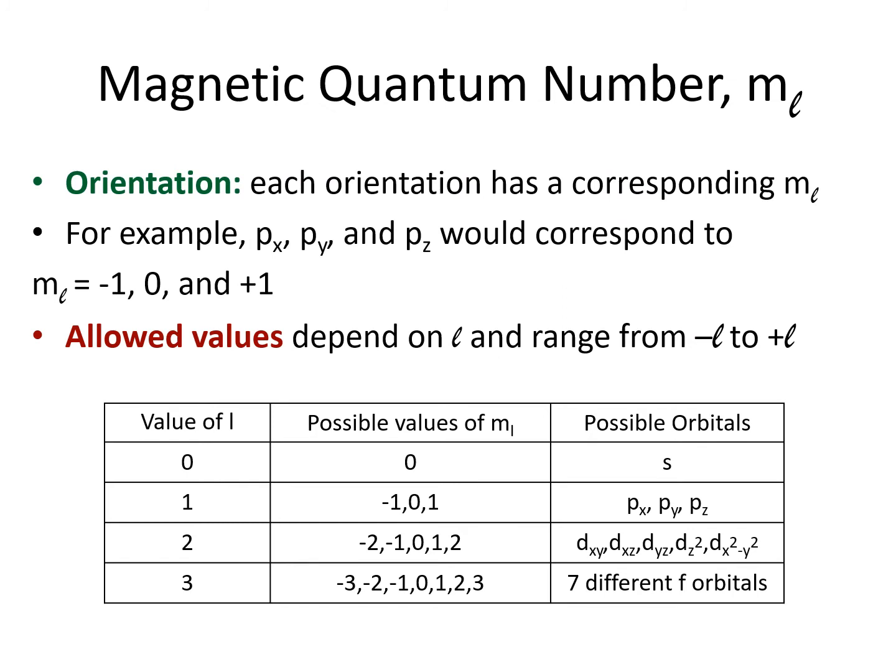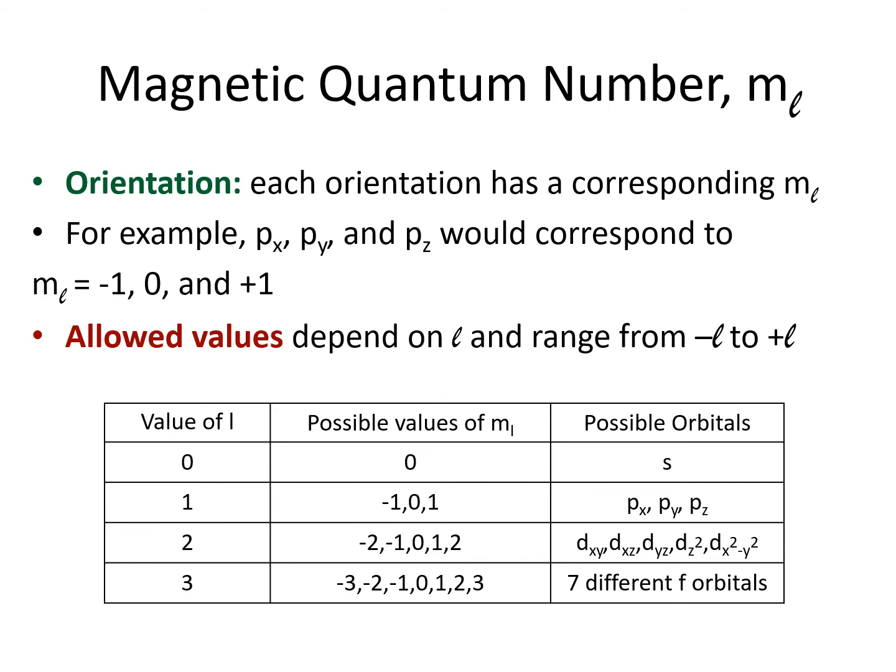Each orbital orientation has a corresponding m sub L quantum number. For example, px, py, and pz correspond to m sub L values of -1, 0, and +1. The m sub L numbers can only be certain allowed values that depend on the value of L. Just like there are only certain houses on Wallaby Way, there are only certain orientations possible for each shape.